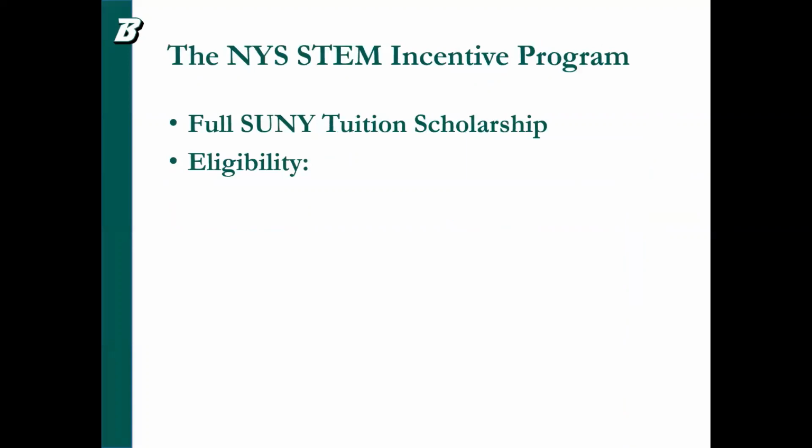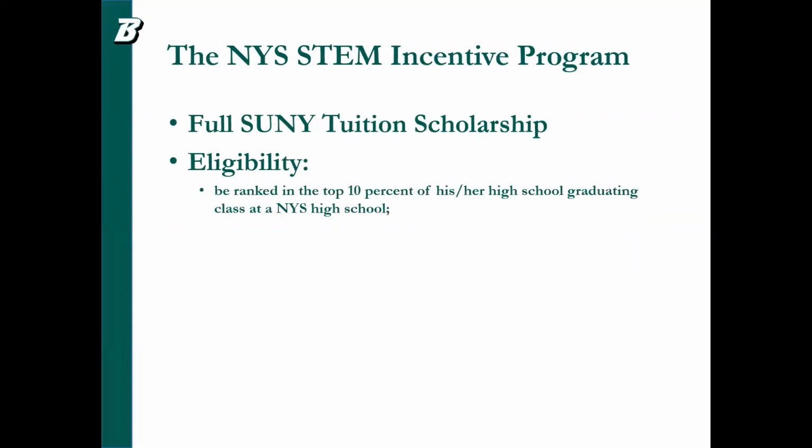A valuable scholarship for high achieving students who are certain that they will pursue a degree and a career in the STEM field is the New York State STEM Incentive Program.